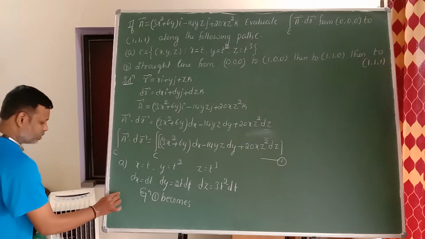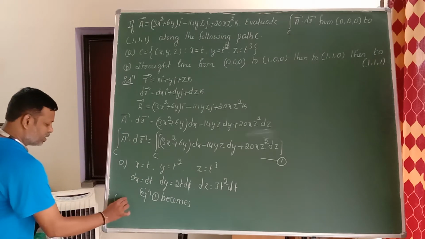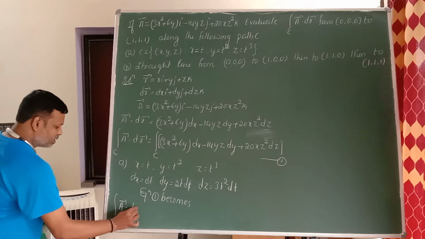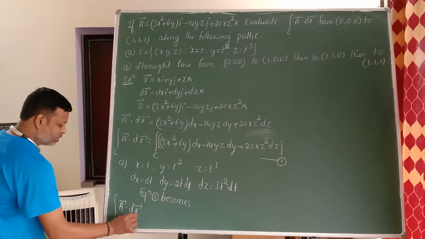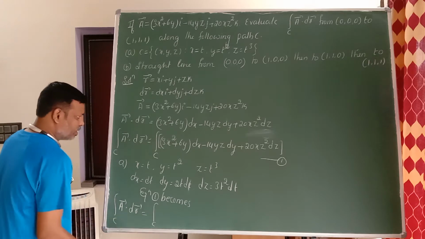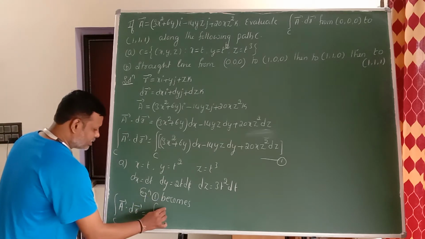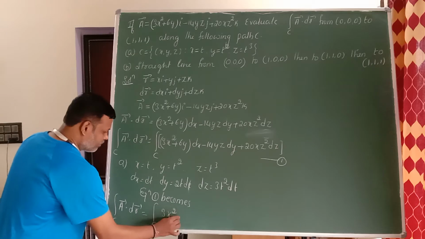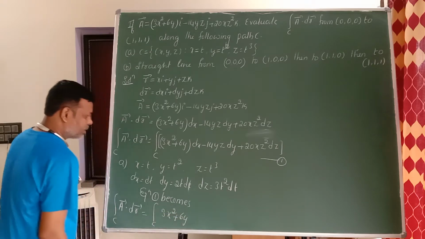The integral of the scalar function A dot dr over the curve C is equal to the integral over C of 3x² + 6y.